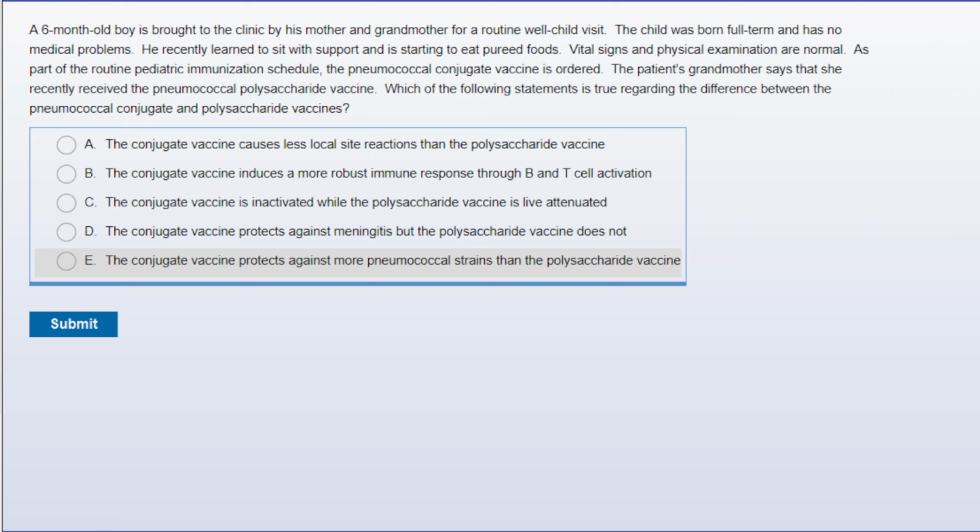Vital signs and physical examination are normal. As part of the routine pediatric immunization schedule, the pneumococcal conjugated vaccine is ordered. The patient's grandmother said that she recently received the pneumococcal polysaccharide vaccine.